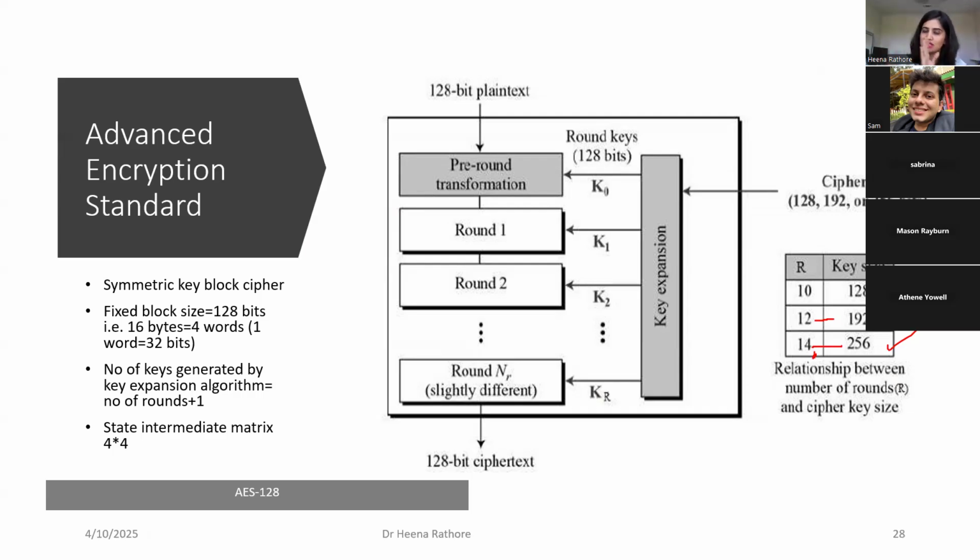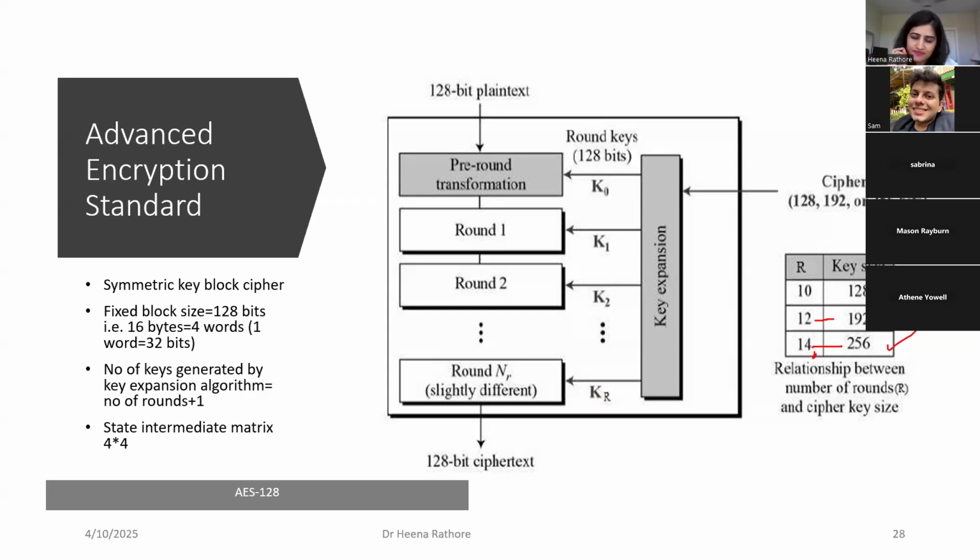In comparison, if you recall, DES required 16 rounds, and every time 64 bits are processed. But in AES, this is variable. You can process 128, 192, or 256 bits, and the number of rounds depends on the number of bits being processed.